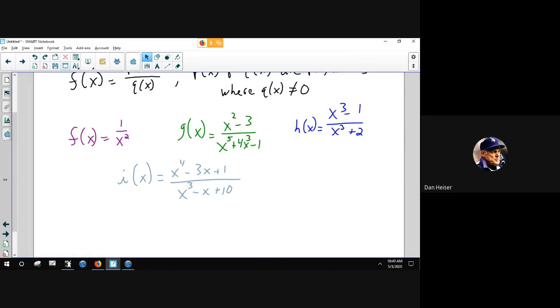Like the f of x does not have a variable numerator, the others do. The f of x function is undefined at 0. The other functions, it's a little more complicated as to where they're undefined, but there are places that they are.